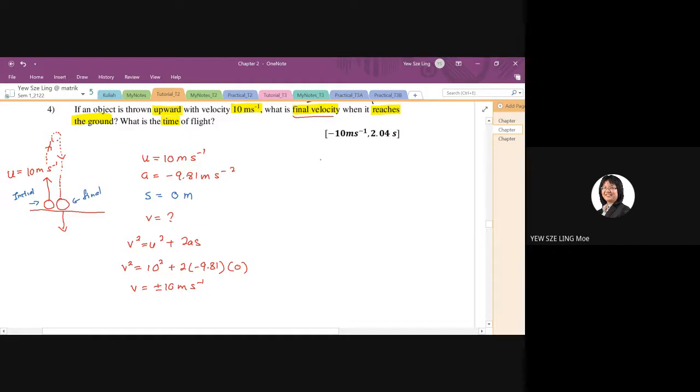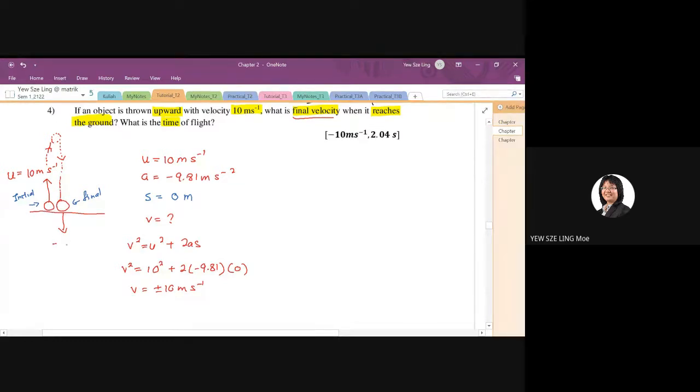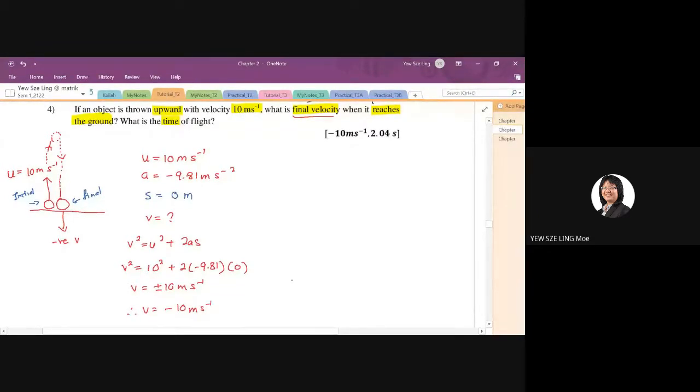We are going to take the moment just right before it hits the ground, just before the velocity changes to 0. So before it hits the ground, the direction of velocity is still downwards. Therefore, it should be a negative v. So your v is negative 10 meters per second.